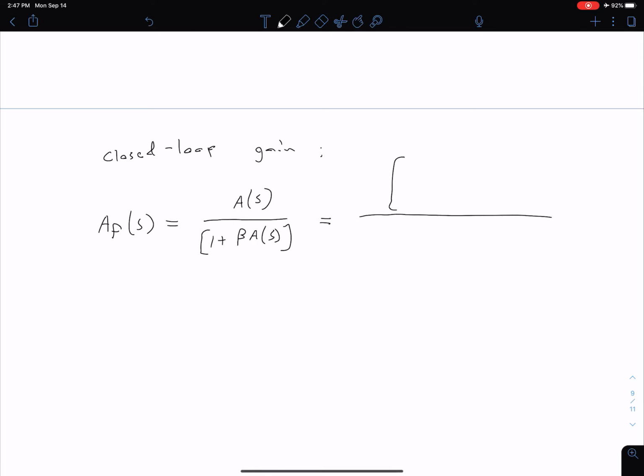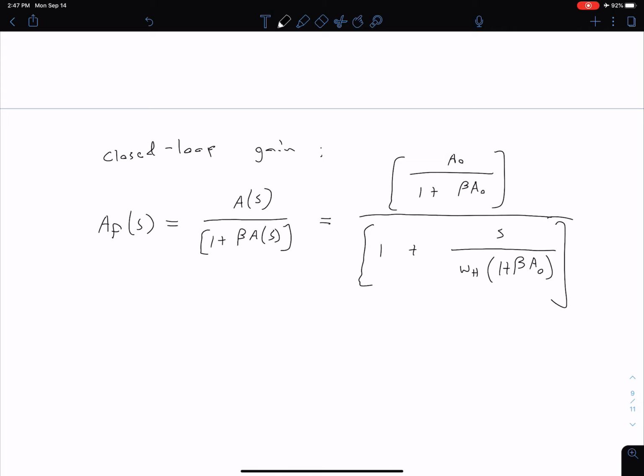In our numerator, we're going to have A naught divided by 1 plus beta A naught, and all of that is going to be divided by 1 plus S divided by omega H times 1 plus beta A naught. All right, so we get this big mess here.